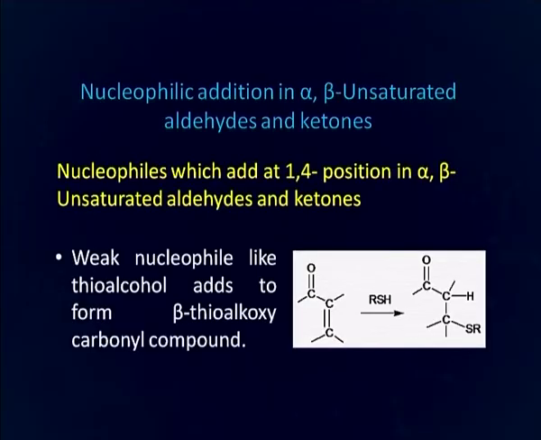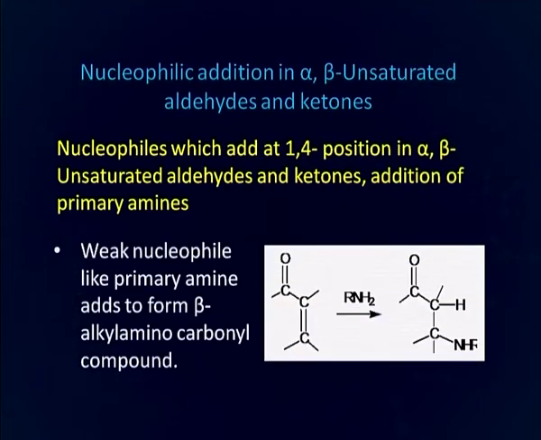Nucleophiles which add at 1,4 position in alpha beta unsaturated aldehydes are weak nucleophiles like thioalcohols. They also add on the carbon carbon double bond and form beta thioalkoxy carbonyl compound.